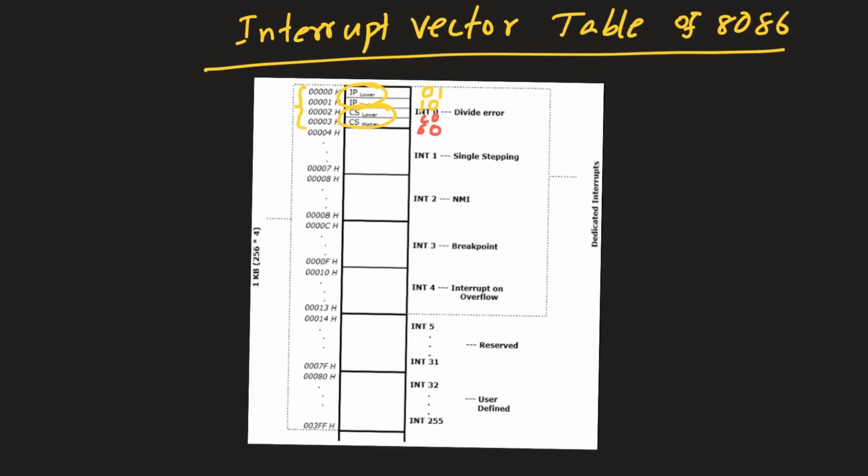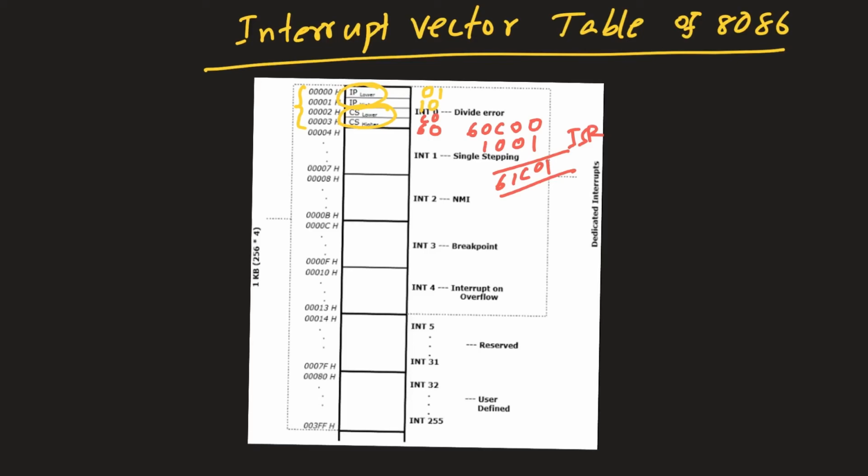So the address will be 60C0 multiplied by 10, and then 1001 will be added. So 61C01 will now be the address of the ISR. Similarly, we have INT1 up to INT255.